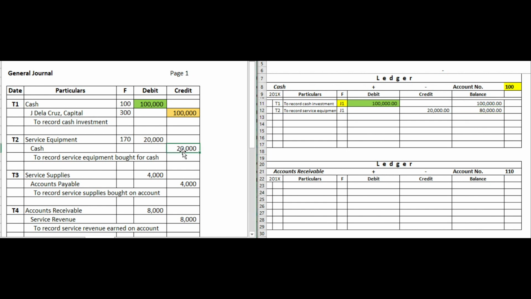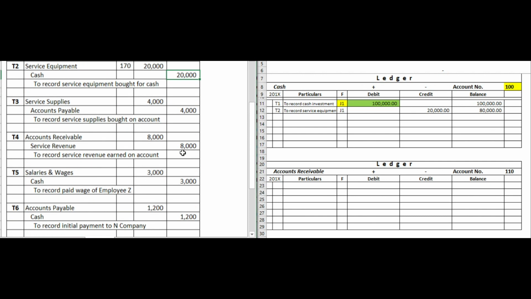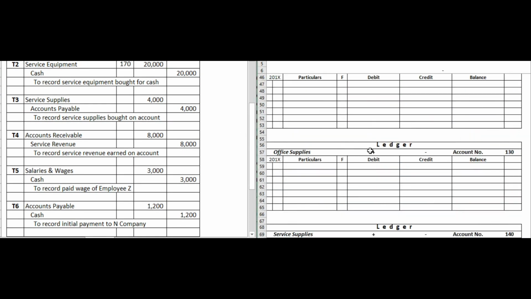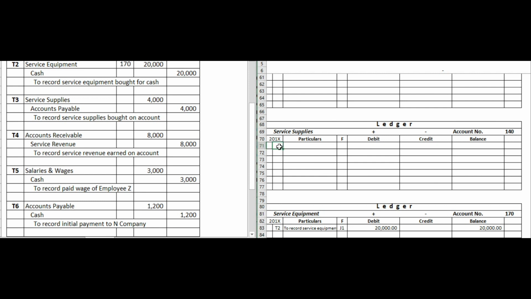Ayan. Proceed tayo. Transaction 3, service supplies. Transaction 3, to record, GJ1 or J1. 4,000, and then balance is 4,000. Service supplies, 140 yung number. Okay, next.